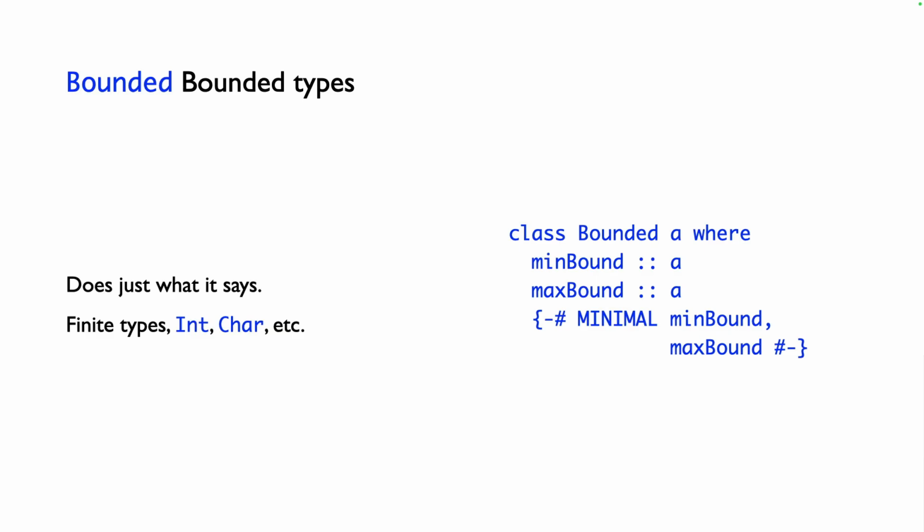These are not Integer, the type which contains all the integers. Int is bounded, and so there is indeed a minimum and maximum integer, and Char too. So if a type is in the class Bounded, then there are two values identified, minBound and maxBound.